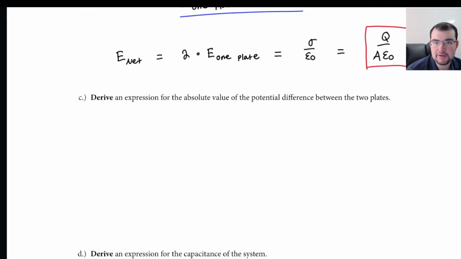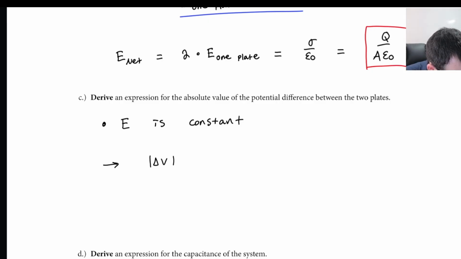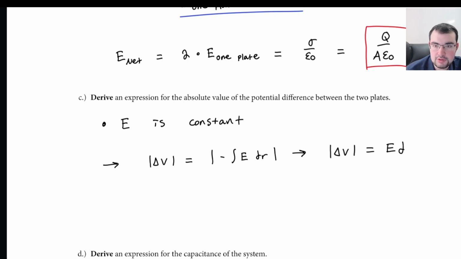All right, but the potential difference is really easy because we said that E is constant. So this means that this delta V, which is the absolute value of the integral of E dr, well, if we just have the same field strength E everywhere, you just do our simplification from our second unit that we said delta V is equal to E times D if the field is constant, which in this case it is.